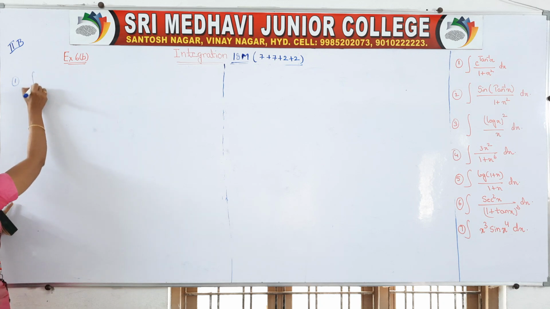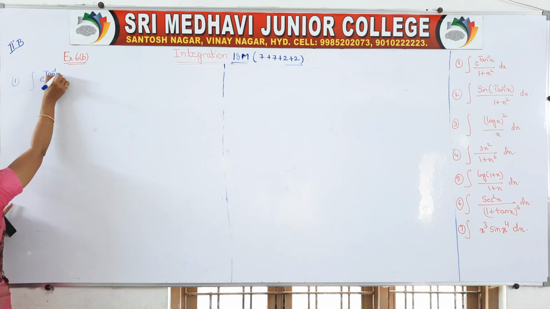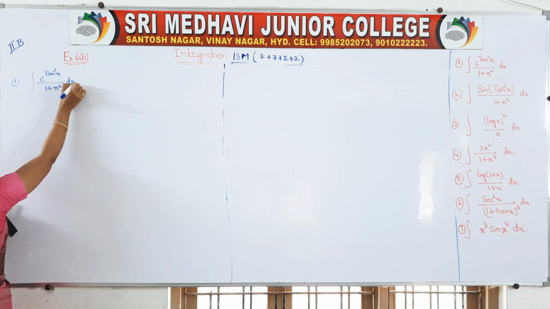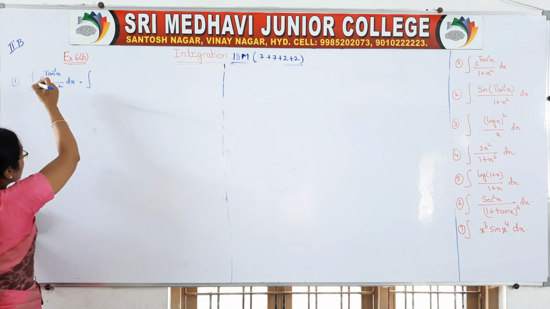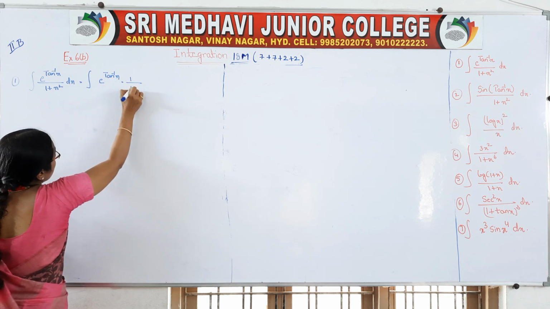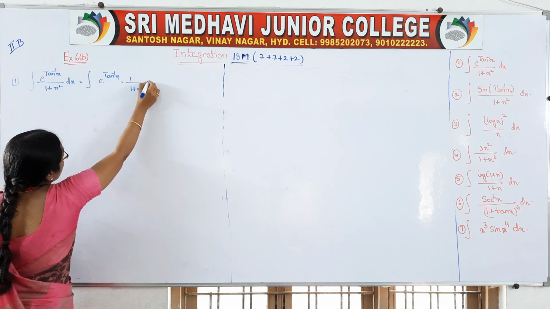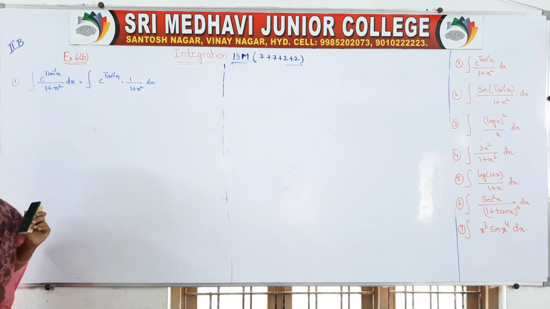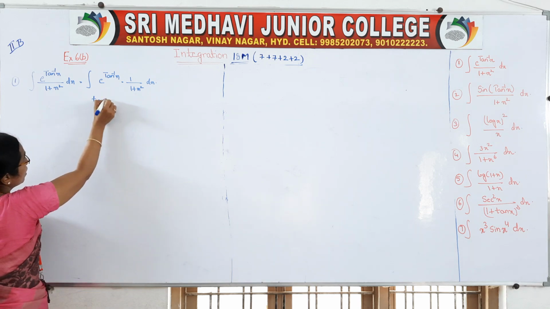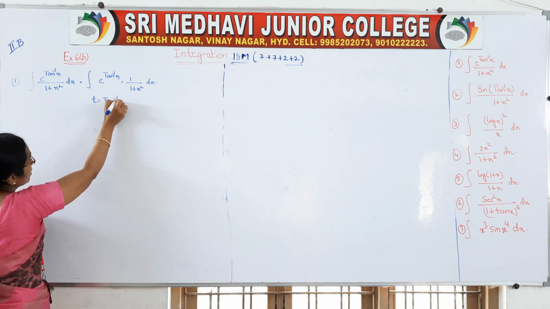So, integral of e to the power of tan inverse x by 1 plus x square dx. We can write this as e to the power of tan inverse x into 1 by 1 plus x square dx. Observe carefully, which value can we take as t? We can take t is equal to tan inverse x.